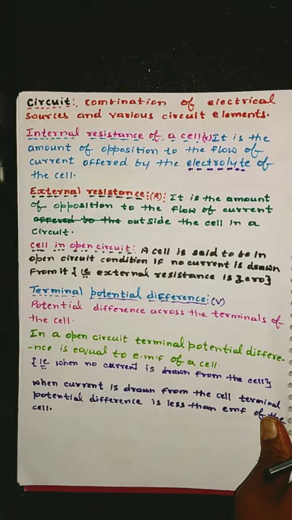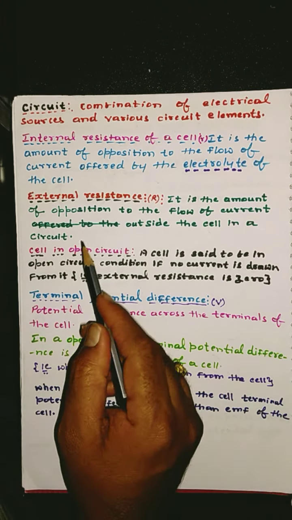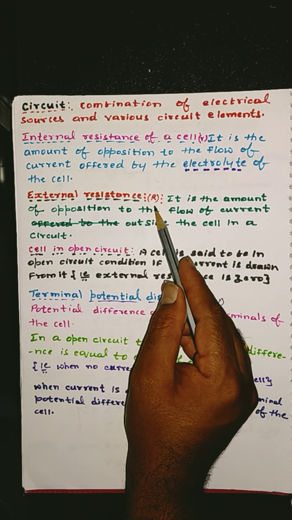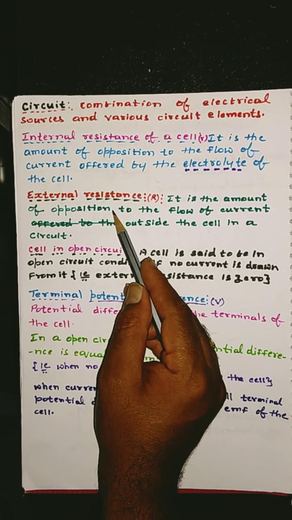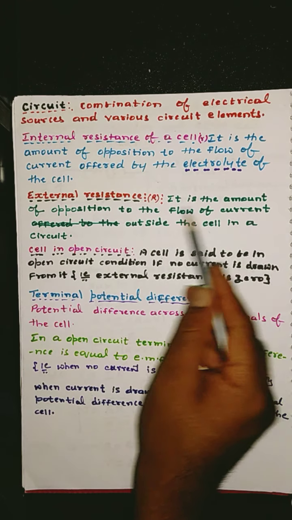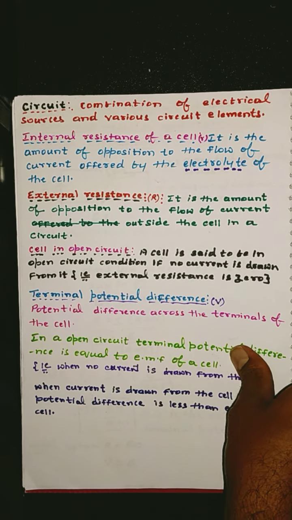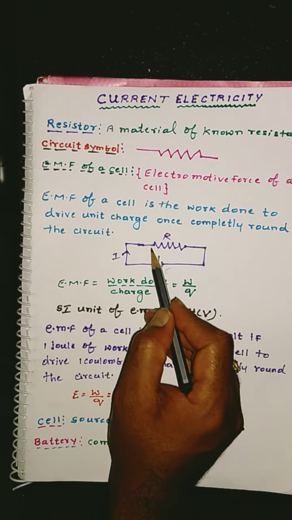Then external resistance. External resistance is normally represented by capital R. It is the amount of opposition to the flow of current outside the cell in a circuit. That's what we saw here. See, this is what is called external resistance.